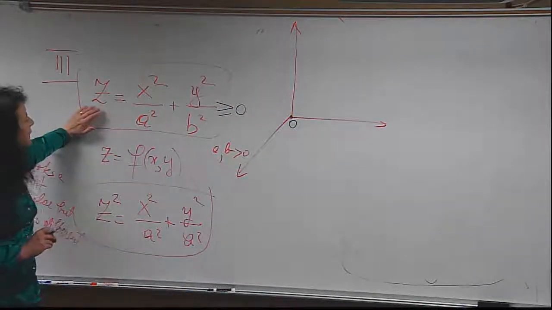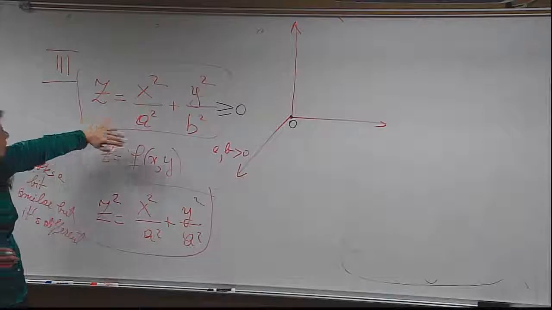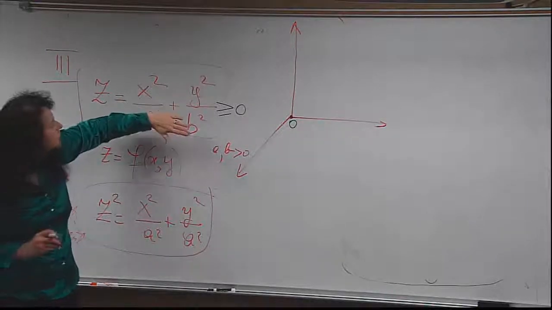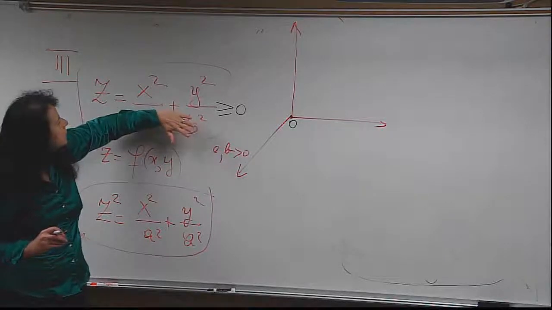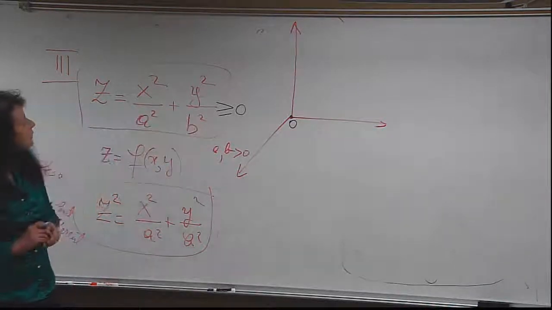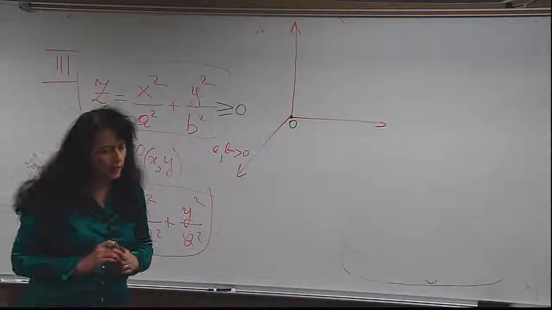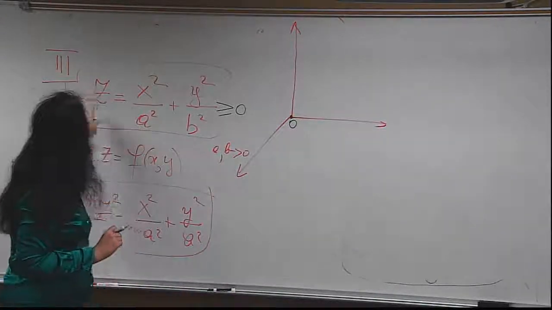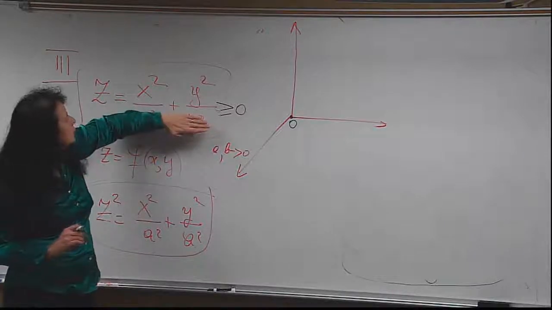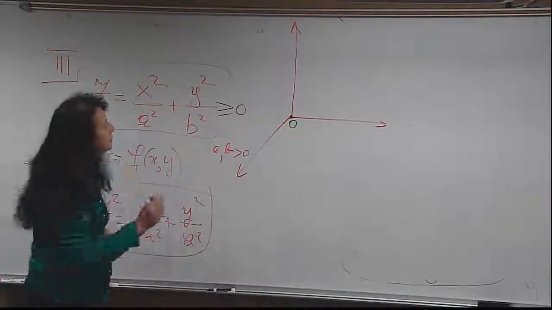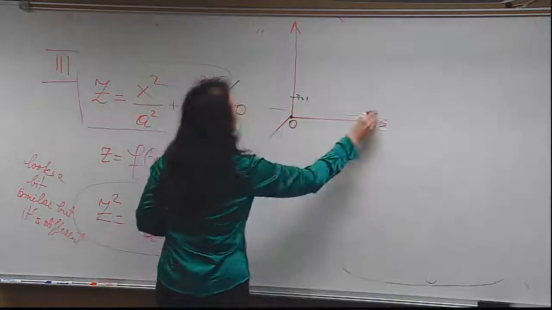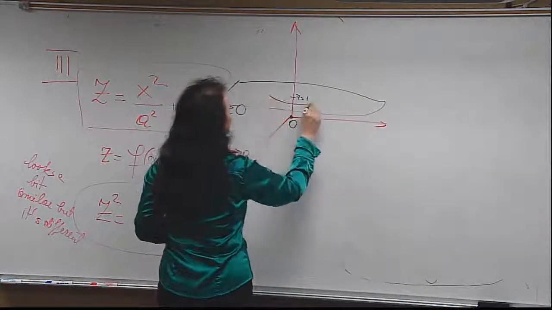But if I take other nice values, in case my a and b would be equal to 1, it doesn't make much difference. z equals x squared plus y squared is going to be something nice, in the sense that at level z equal to 1, I'm going to have a circle, x squared plus y squared equals 1. Somebody pick z equals 1 for me. And I'm going to have that here.